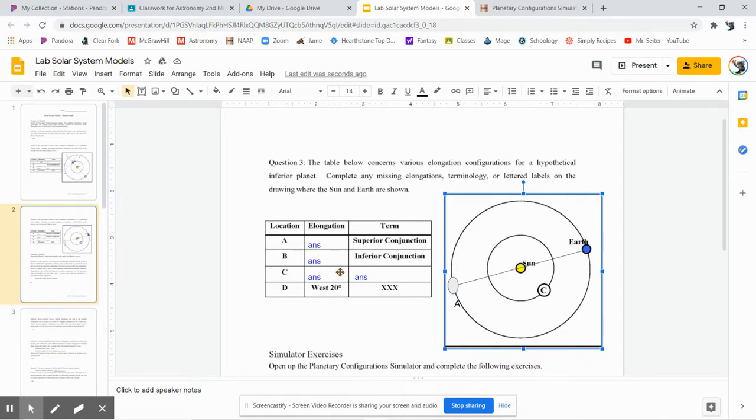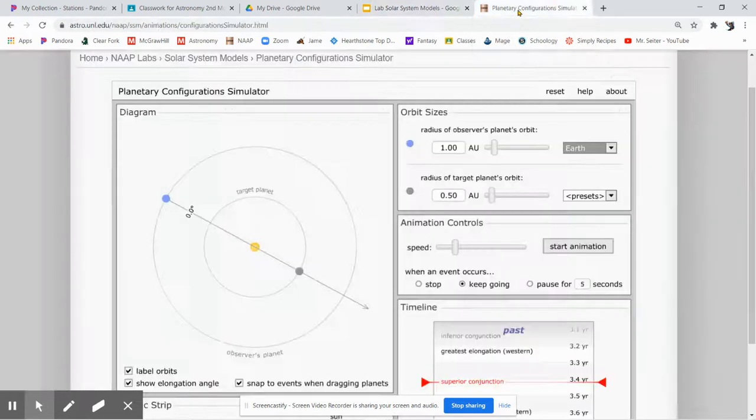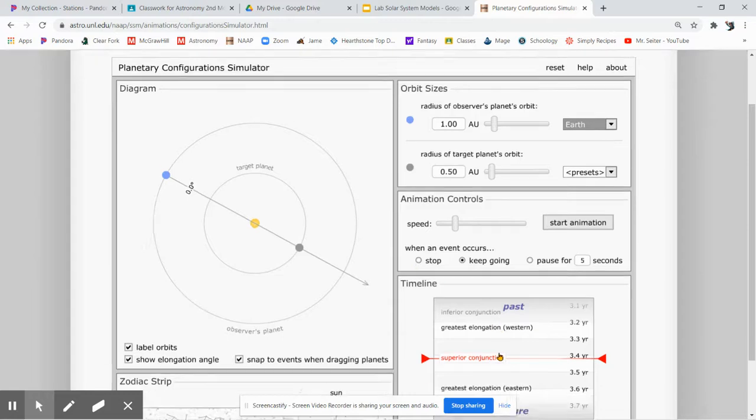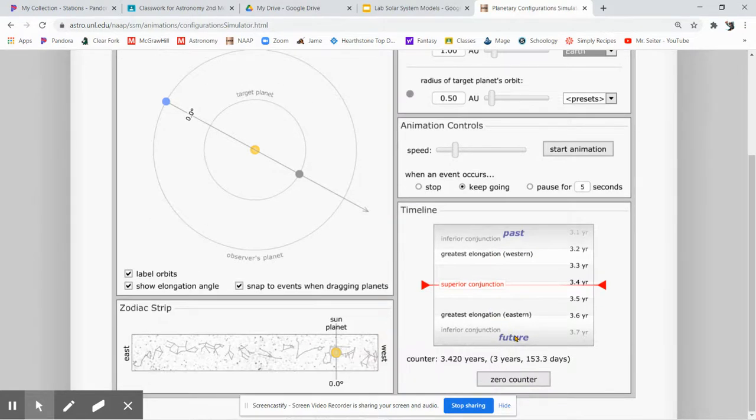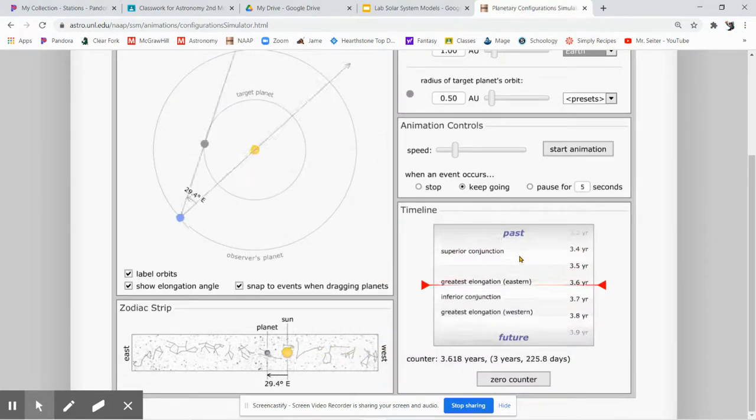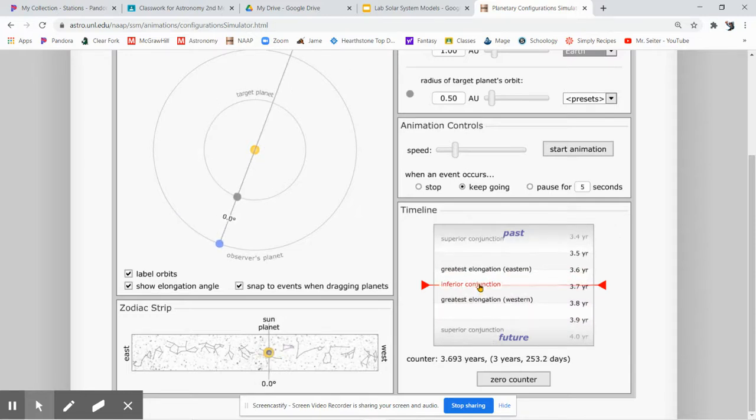Elongation, again, is 0. Inferior conjunction. Well, let's go like this. It'll be just as easy as if we look down here and we move this around. Just click and drag it. Inferior conjunction. Boom, right there. Again, 0 degrees, but this time the planet is here.